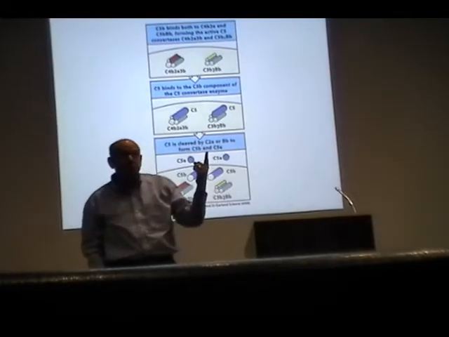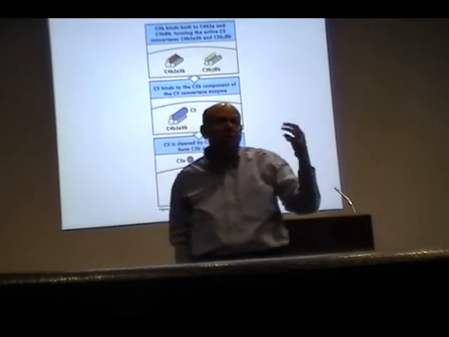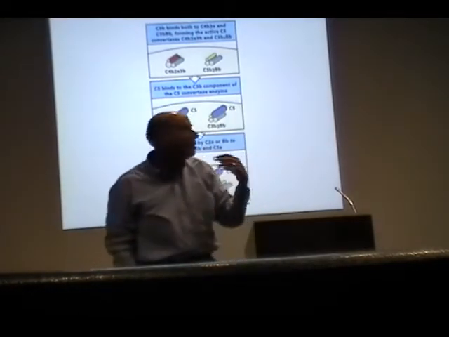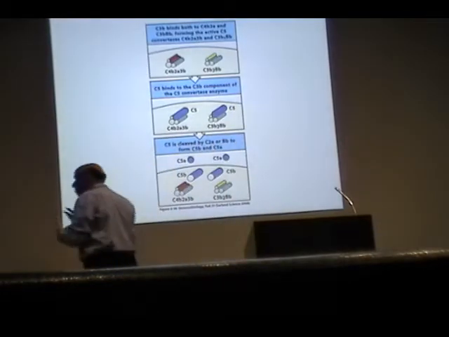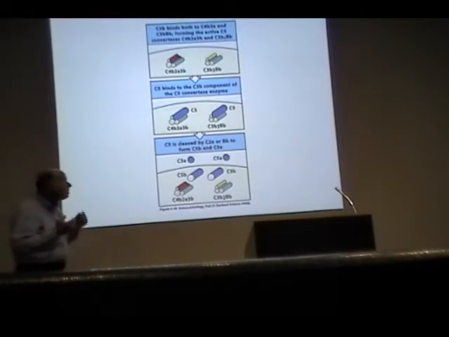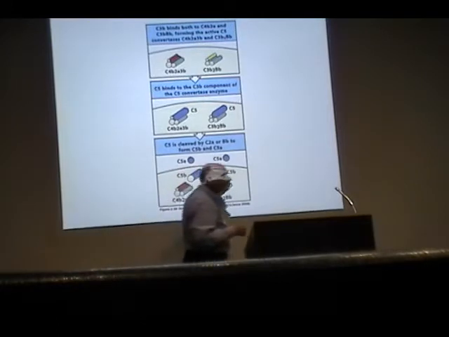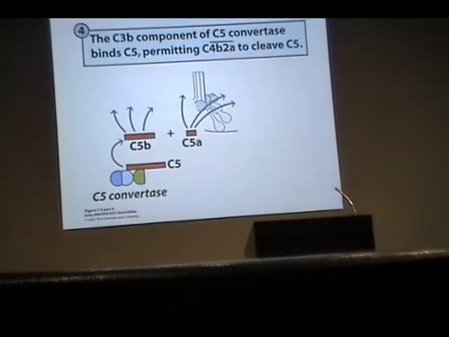So C3a, C4a, C5a are small molecules released and available for activating cells and recruiting cells and so on. C5b, the bigger molecule, spontaneously binds non-covalently to the bacterial surface.